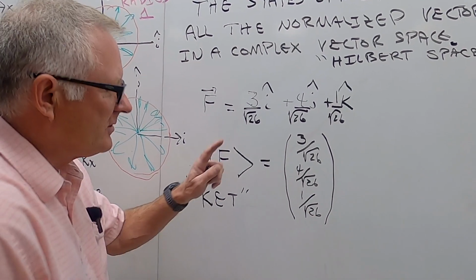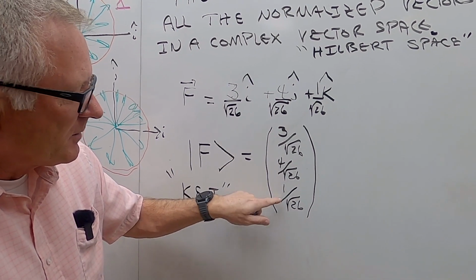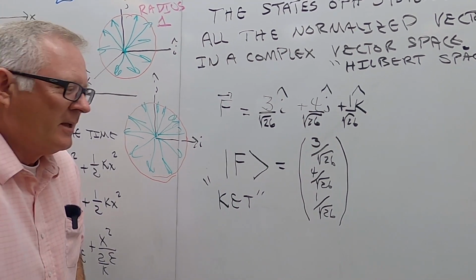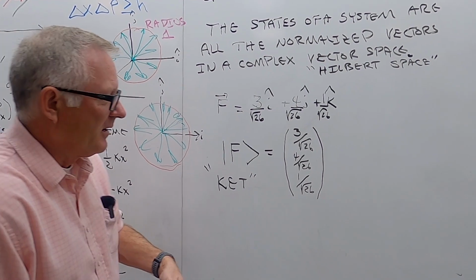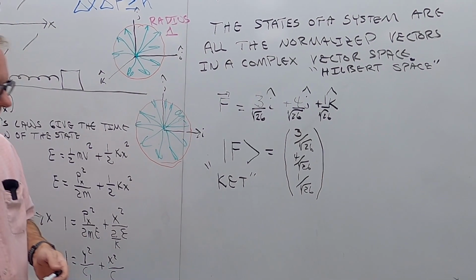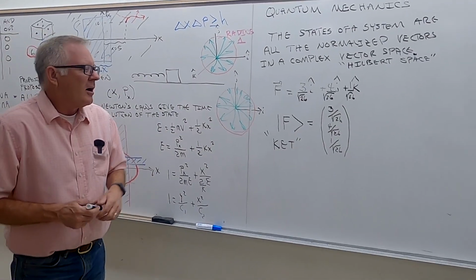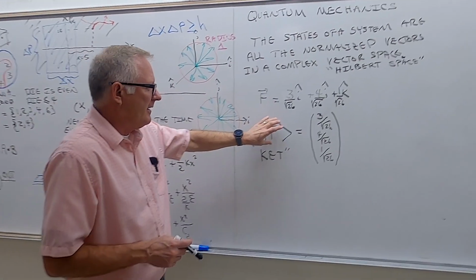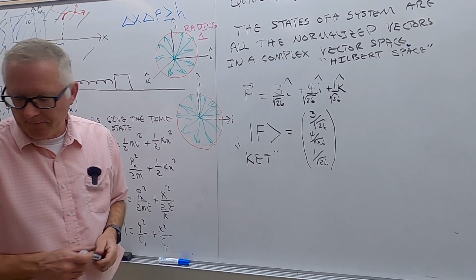And since this has to be normalized, this squared plus this squared plus this squared better be 1. So there is our vector notation right here. Remember, it's a straight line and then greater than.